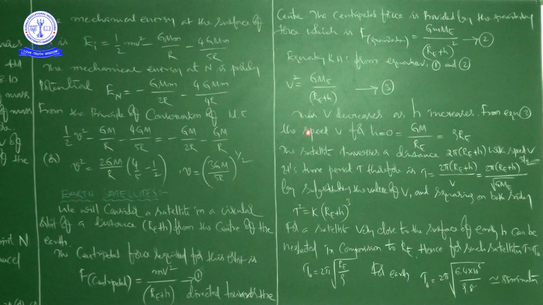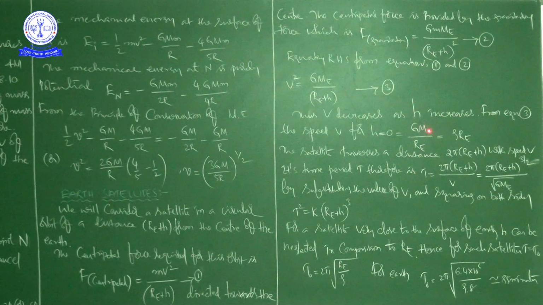Thus v decreases as h increases, because it is inversely proportional. From equation 3, the speed v for h equal to 0, which is nearly the surface of the earth, is v equal to root of GM_E by R_E. You already know the expression for small g, that is GM_E by R_E square.